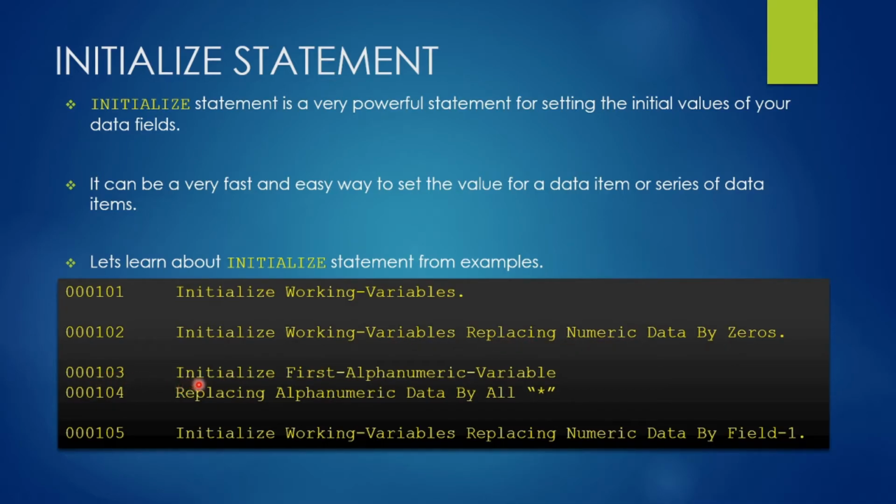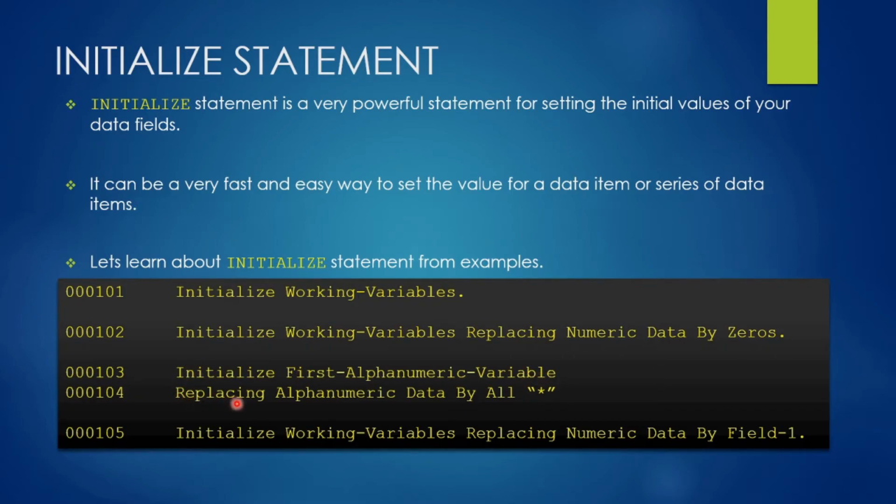In the third example, we are initializing a particular variable with a value other than spaces. Here we are trying to replace the value of first alphanumeric variable with an asterisk sign. We have coded INITIALIZE, which is a reserved COBOL keyword, followed by the variable name, that is first alphanumeric variable.